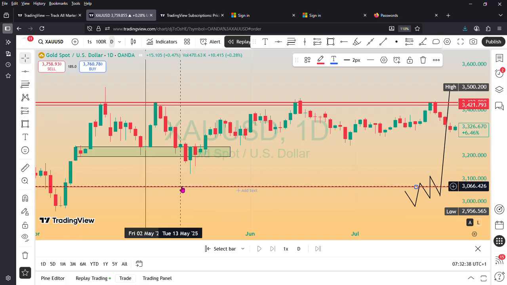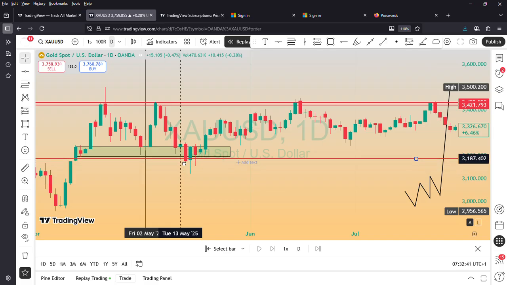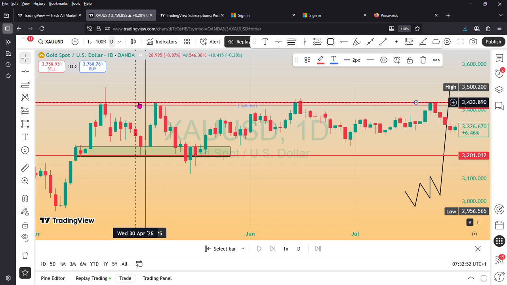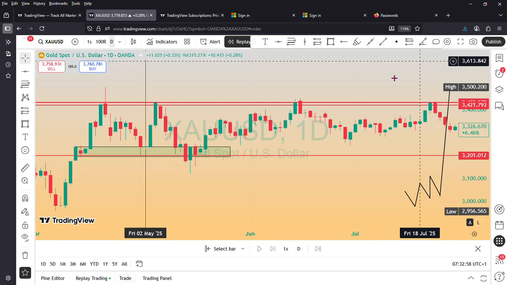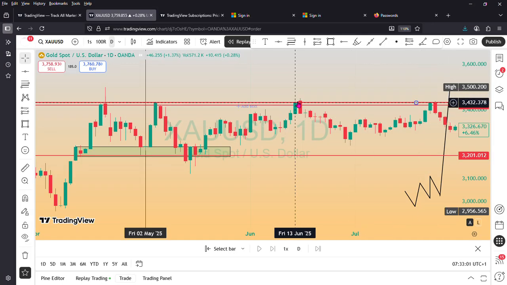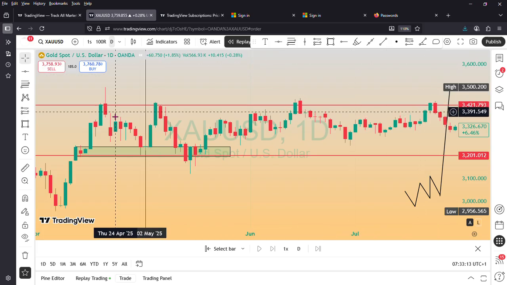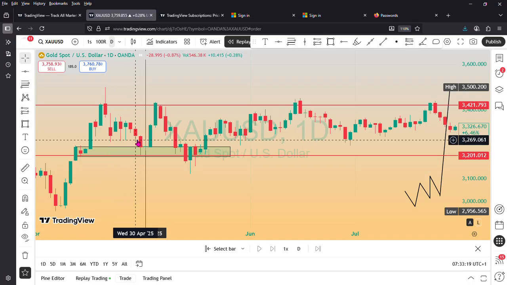Now, this is where you put your stop loss, below the wick of that doji. Now, this is where you put your take profit, the body of that green candle that pushed the price down before you got that doji.